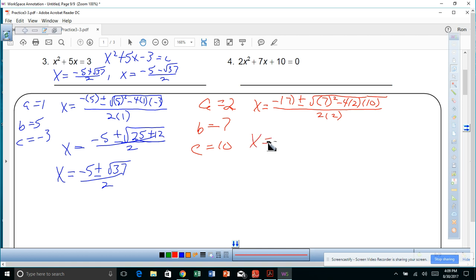So x equals negative 7 plus or minus the square root of 49 minus 4 times 2, which is 8, times 10, which is 80, over 2 times 2.